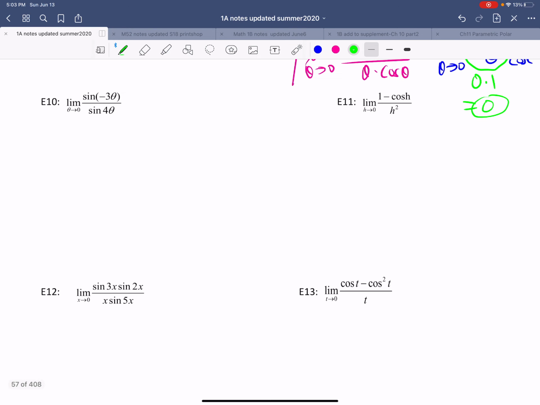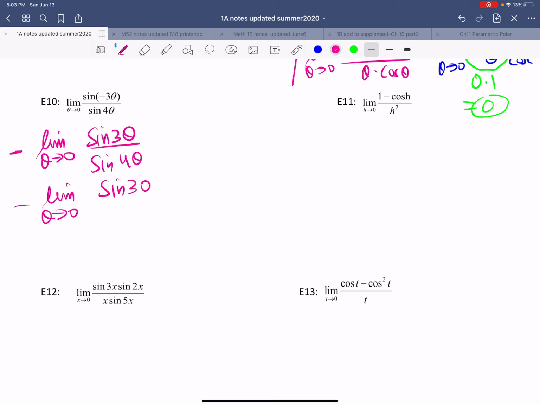Next, we have sine of negative 3 theta over sine 4 theta. We do know sine is an odd function, so if you have a negative inside a sine function, you can pull it out. I can pull the negative all the way out, negative 1, and this becomes sine 3 theta over sine 4 theta. So negative outside, limit as theta approaches 0. I'm going to separate them. Now I'm going to multiply and divide with a theta.